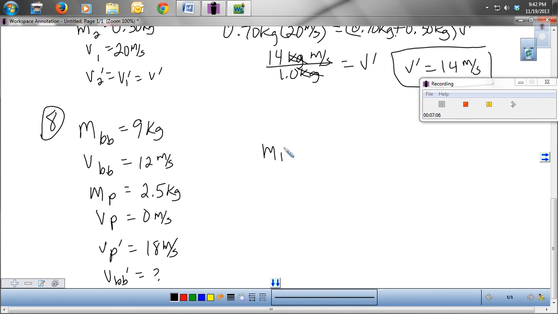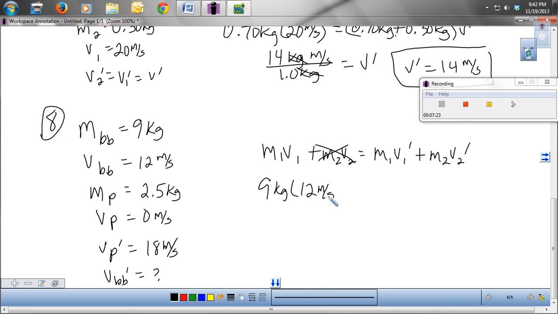So I have m1 v1 plus m2 v2 equals m1 v1 prime plus m2 v2 prime. This will be my pin standing still, so this is 9 kilograms times 12 meters per second, so I have 108 kilogram meters per second of momentum, which is equal to 9 kilograms times V prime plus 2.5 kilograms times 18 meters per second.